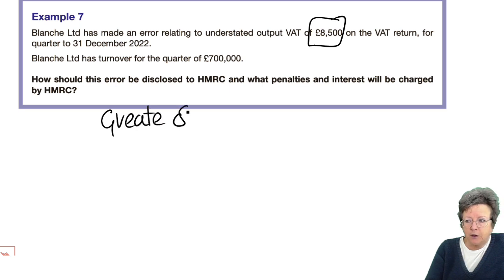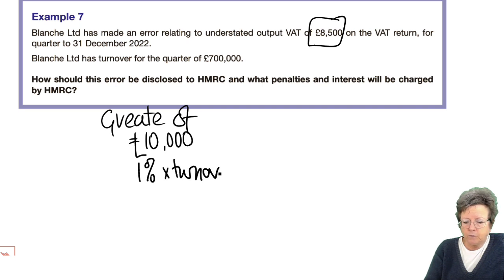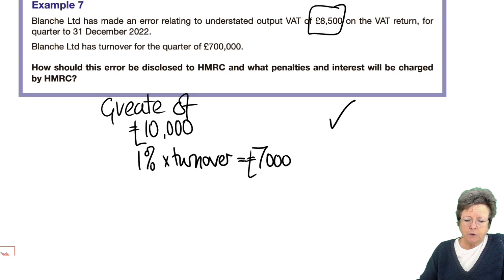It's the greater of £10,000 or 1% of turnover, which is 7,000. So it's the greater of those two, which means we'll choose that one. Okay, that's the de minimis. So that's your de minimis level.